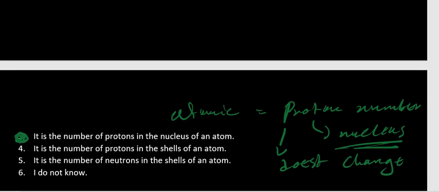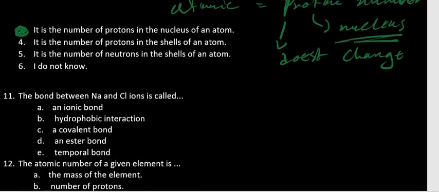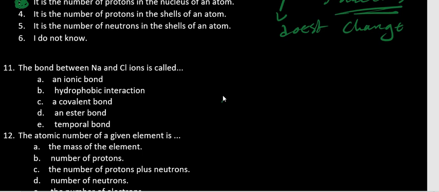All right, let me go down again. The bond between that and that is an ionic bond. So I'm sure that is very simple. It's an ionic bond. An ionic bond is the second strongest bond. So we have covalent, from covalent we have ionic, and then from ionic we have hydrogen bonds and other stuff.